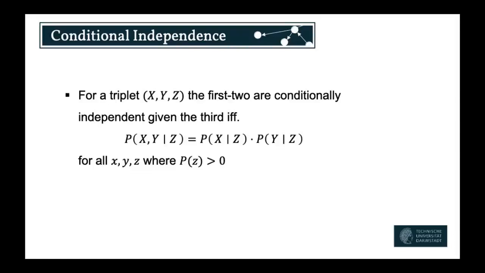Essentially, if we look at the joint given z, I've observed z, and now I'm looking at the joint probability of x and y. If that just factorizes to p(x|z) and p(y|z) separately, for all of the instances x, y, z can take, where most importantly z can actually occur, then that's conditional independence.